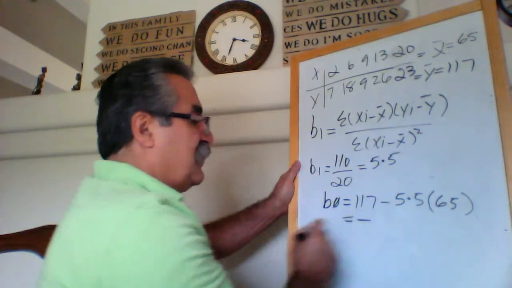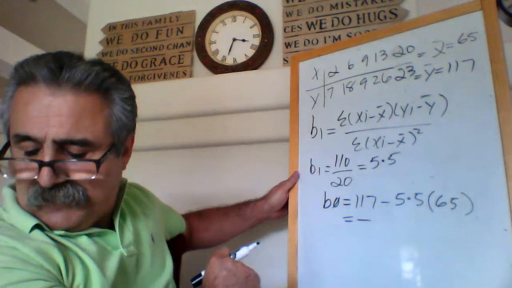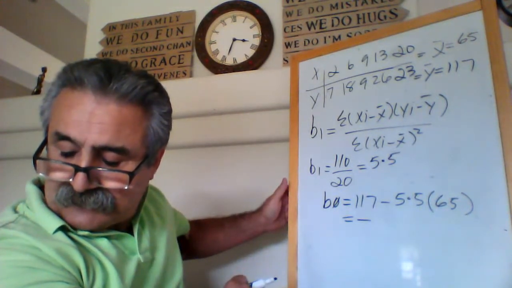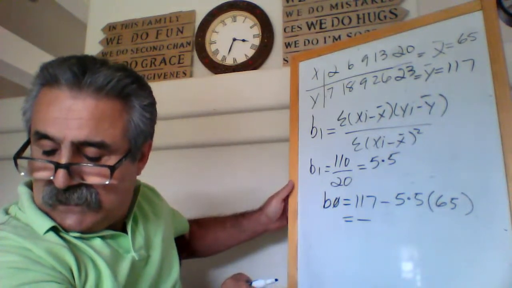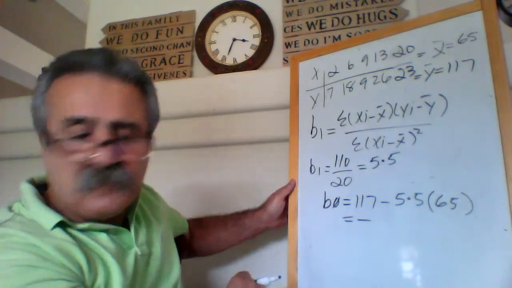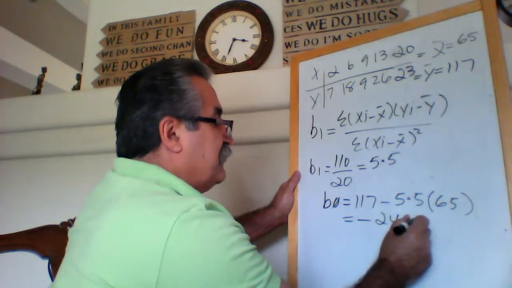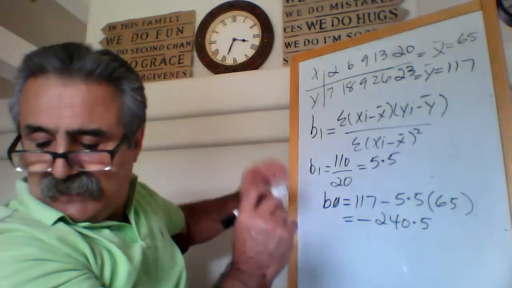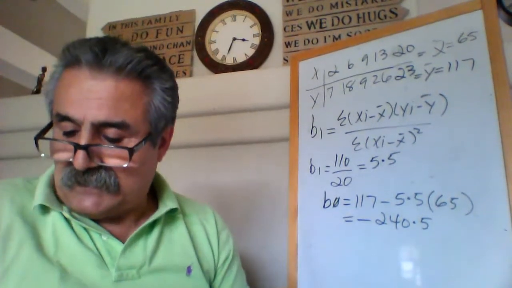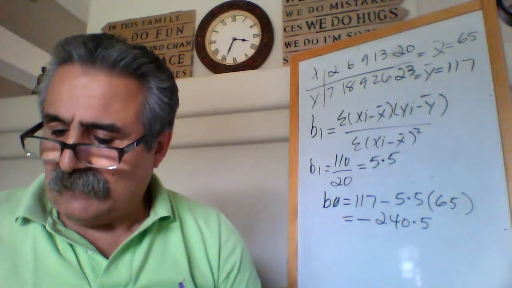So B0 comes out to be negative 240.5. Wait a minute, no, I'm making a mistake. This is the wrong problem.